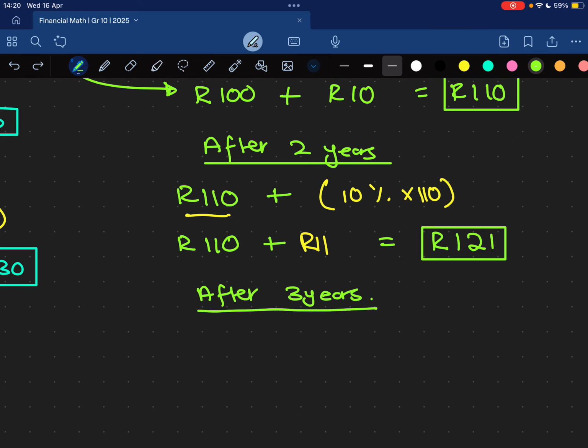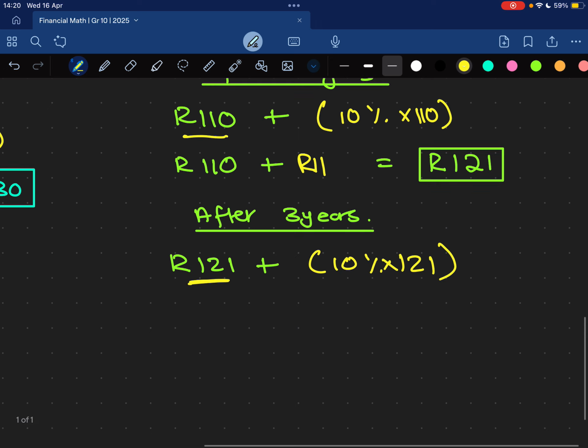So after 3 years, I'm going to have 121 in the account, plus whatever I've accumulated, which is going to be 10% of that amount that I already have accumulated, which is 121. So 10% of 121 is just going to be 12 Rand and 10 cents.